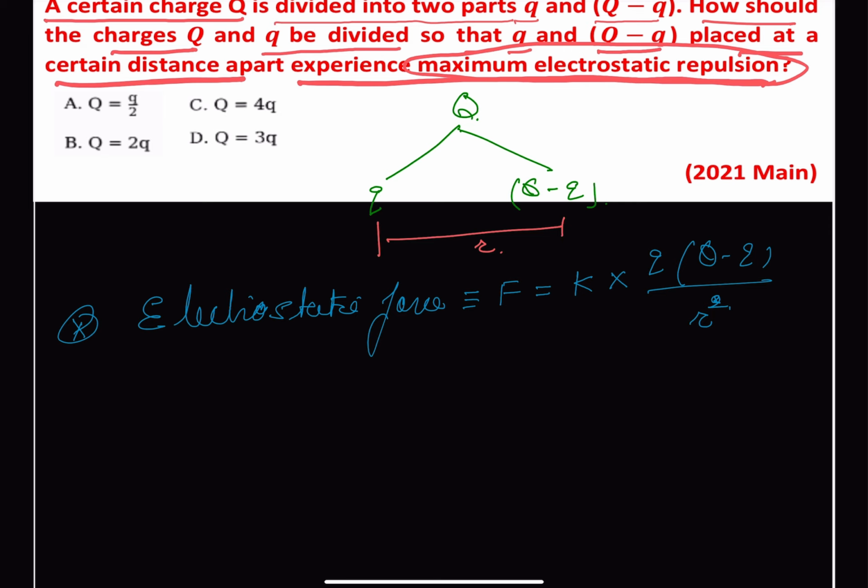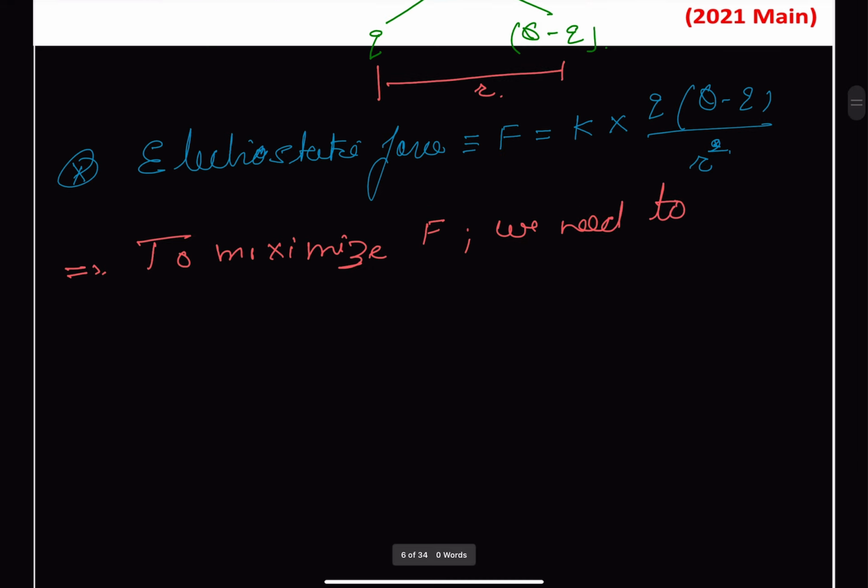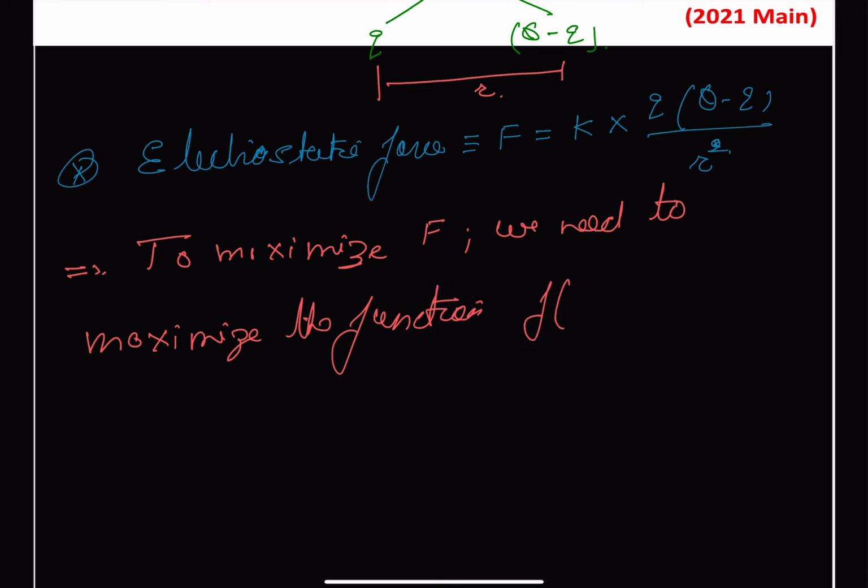So to maximize F, we need to maximize the function, let us represent that as small f of q equal to q times capital Q minus small q.